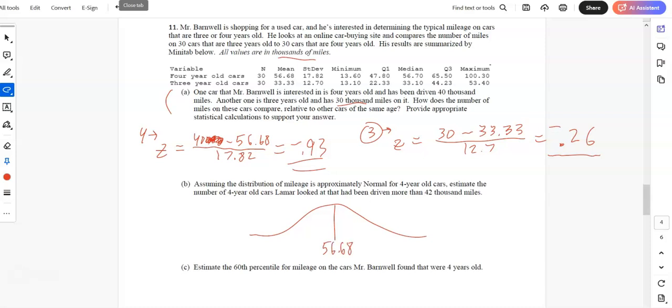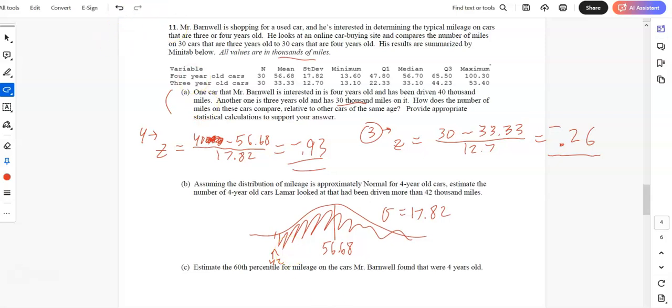And 42 is somewhere over here, driven more than 42. And we're shading to the right of that. And again, the standard deviation for a 4-year-old car is 17.82. So I think we have enough to do.